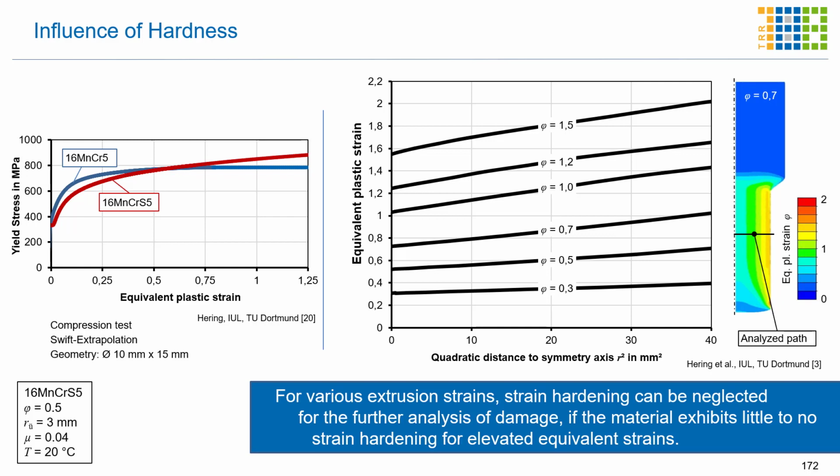Only when we have perfect plasticity, as is the case for the 16MnCr5, do we have the same strain hardening for different equivalent plastic strains, which enables us to also compare parts with different extrusion strains. But this is not the case here for the considered 16MnCr5.